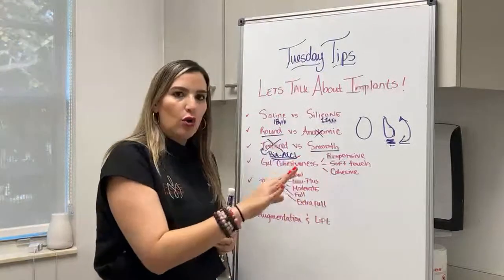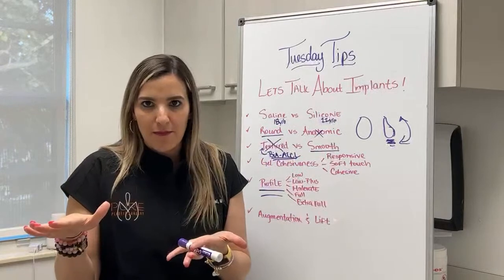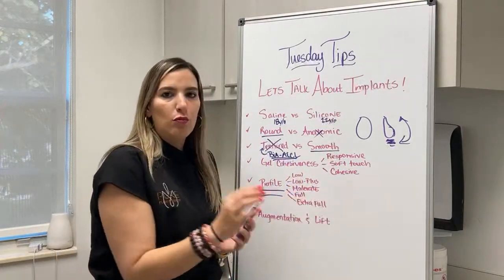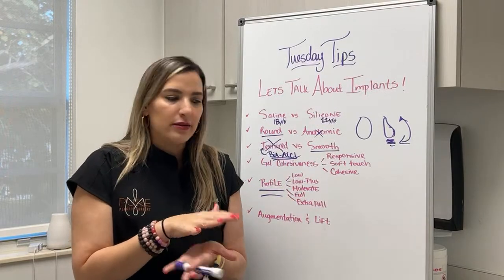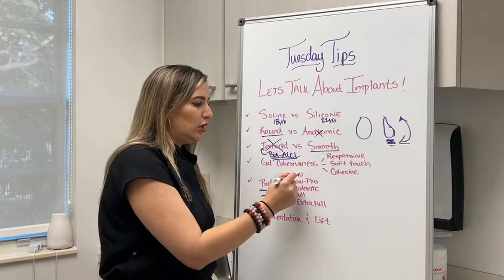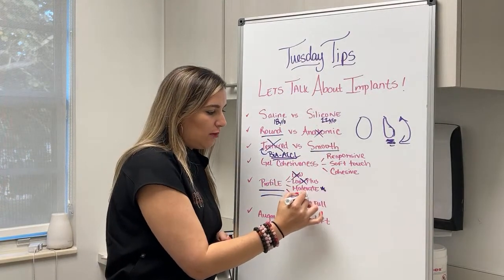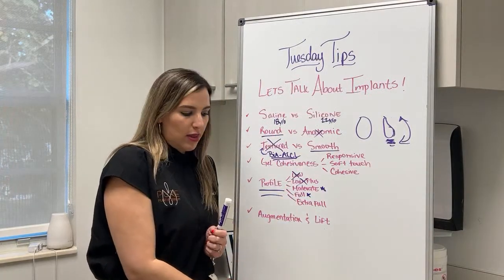It goes from low, which is like a pancake, a very flat implant, okay? I don't usually use either low or low plus. Low plus is a little bit thicker, but still a very flat implant. So I don't usually use low or low plus. I use either moderate or full profile. This is a moderate profile implant.